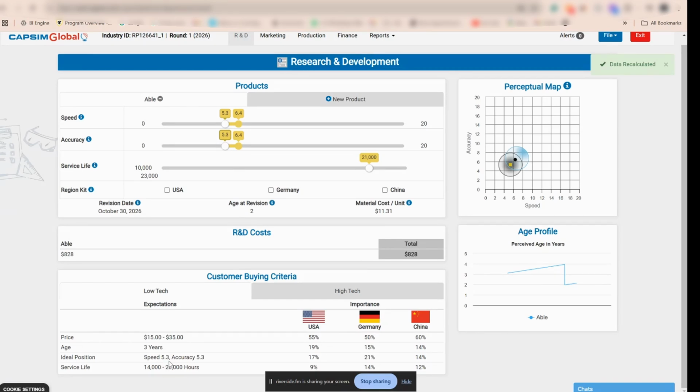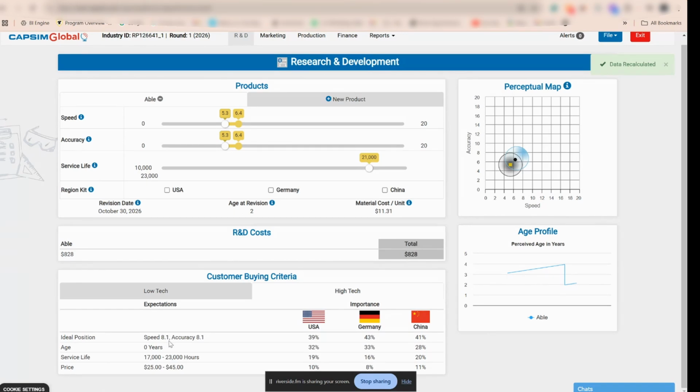For the low tech product, the ideal position moves by 0.5 and the accuracy moves by 0.5 every year. While for the high tech market, the ideal position moves by 0.7, speed 0.7, accuracy 0.7. So in 2027, for the high tech market, the ideal position will be 8.8.